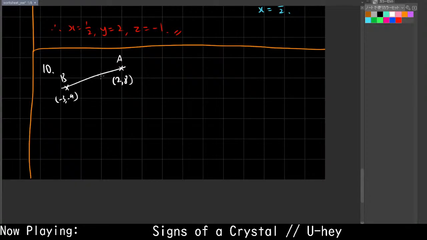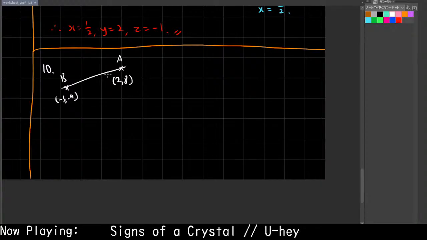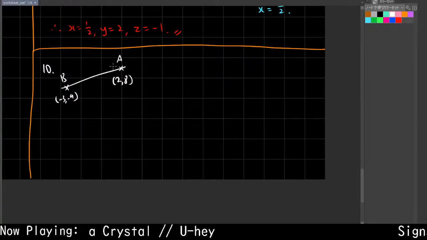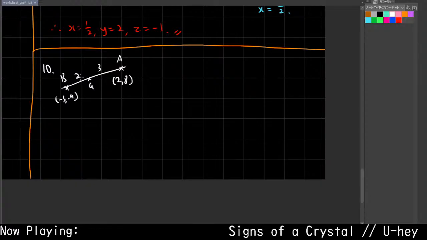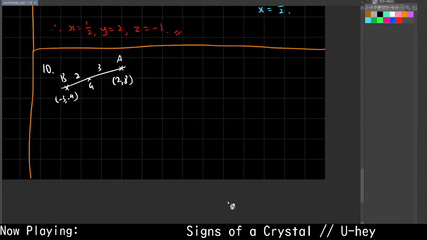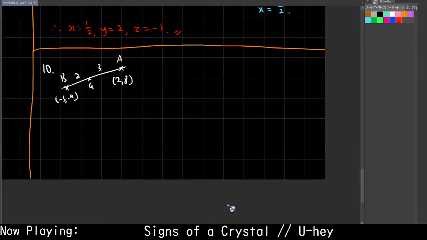And G is in the middle, such that since it is A first and B, we follow the order of the letters, so it will be AG 3, GB 2. We follow the order of the letters.